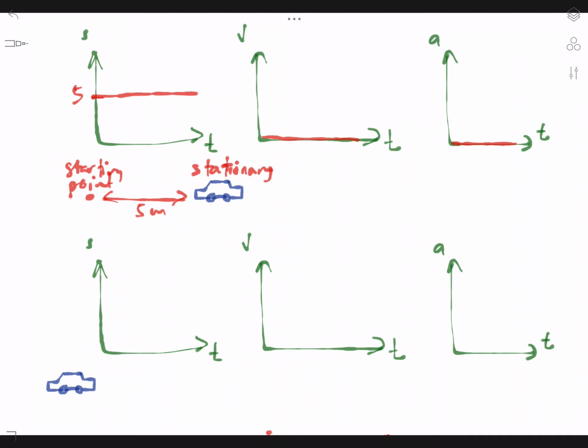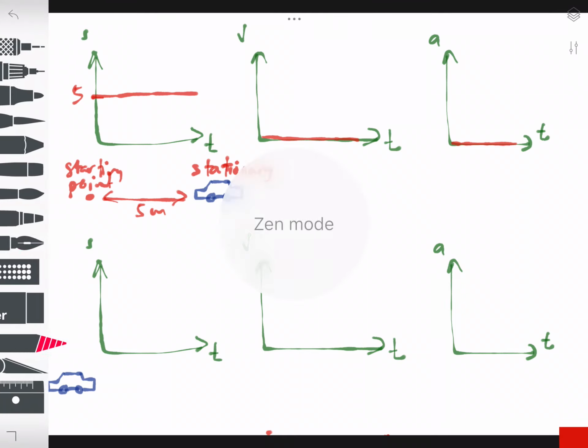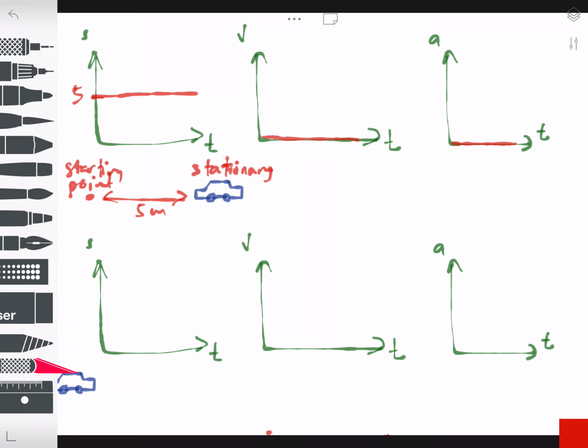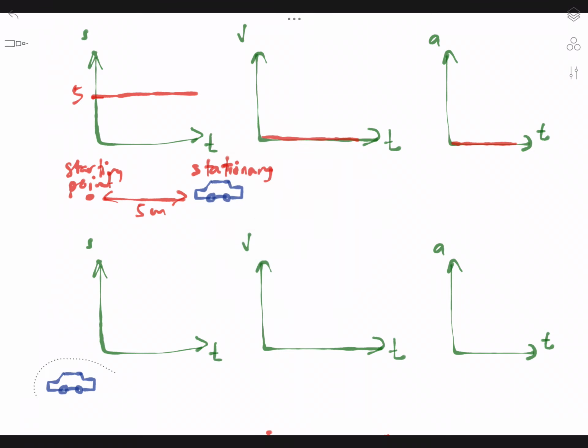Now let us look at the second situation. Now we have a car, for example. Okay, this car is moving at constant velocity like this.